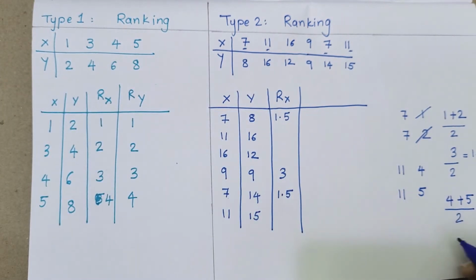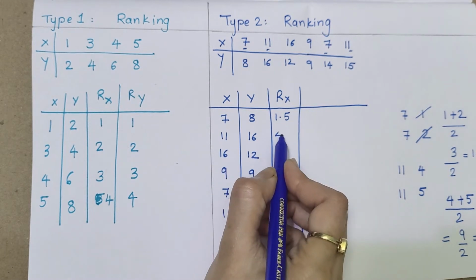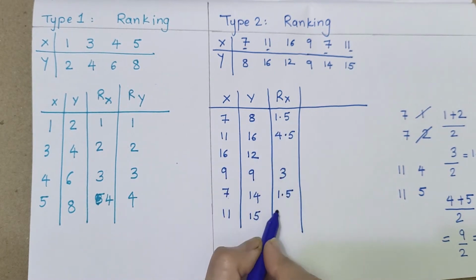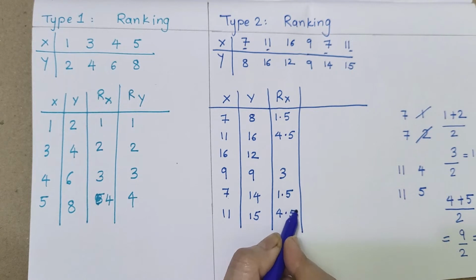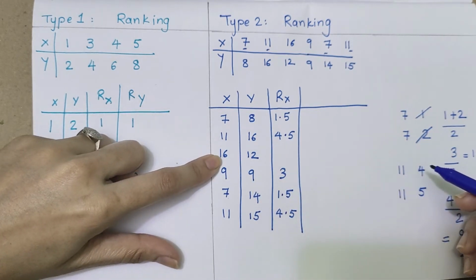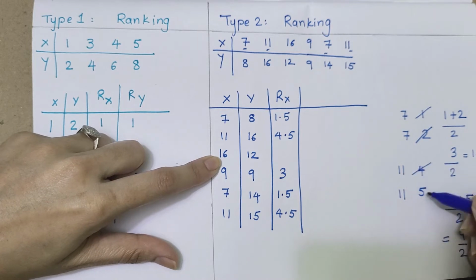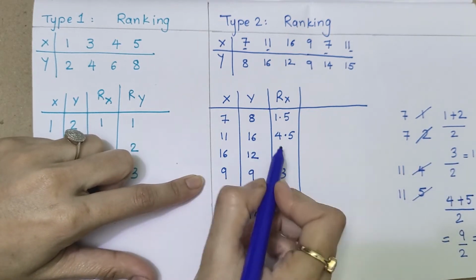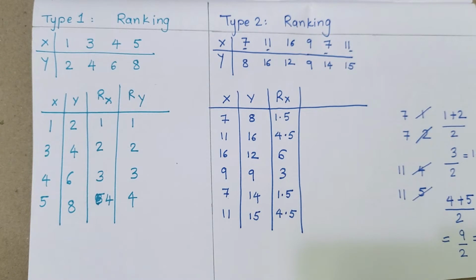So divide by 2. Now what is 9 by 2? Which is nothing but 4.5. So now 4.5 and 4.5 will be allocated to 11 and 11. But now 16 will come on which rank? 4 is gone, 5 is gone. So this will come on 6.